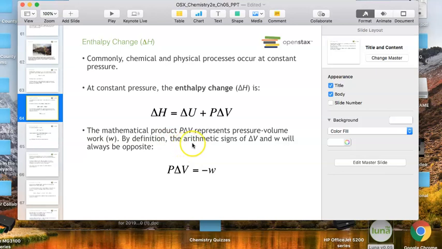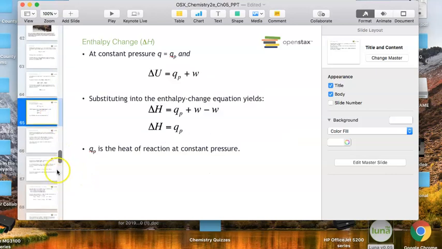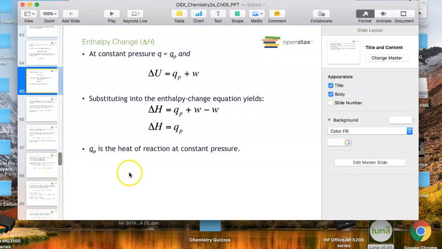By definition, the arithmetic signs of delta V and W will always be opposite. So the negative value for work is equal to the pressure times the change in the volume. If we want to go ahead and derive some of these values, at constant pressure, Q is equal to Q_P, that P meaning constant pressure.